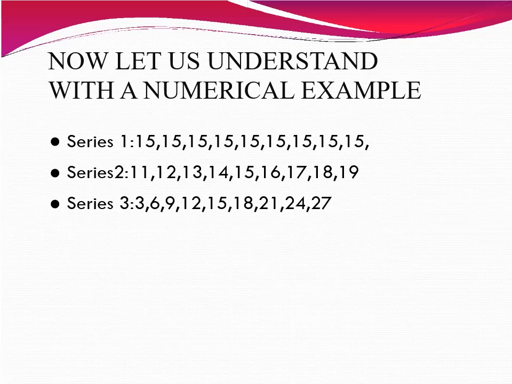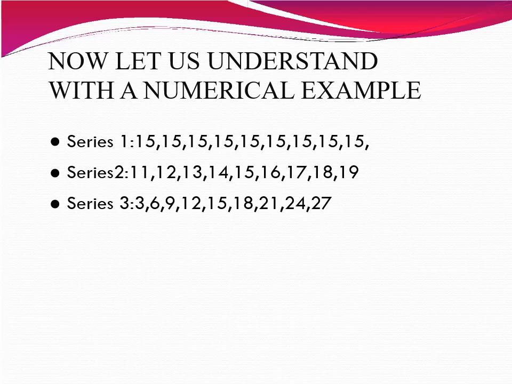Now let us observe the following series carefully. The first series, all the numbers are uniform, which is 15, 15, 15, and 15. The second series is 11, 12, 13, 14, 15, 16, 17, 18, and 19. The third series is 3, 6, 9, 12, 15, 18, 21, 24, and 27.